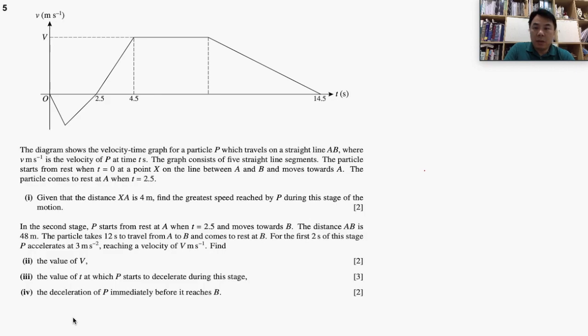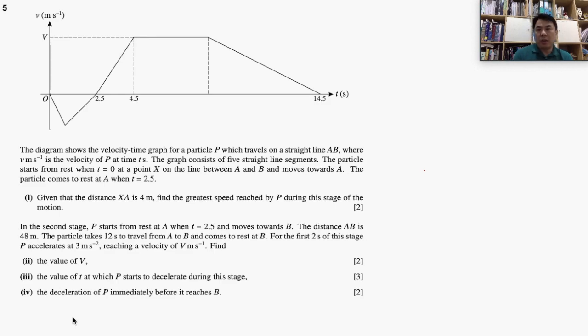The particle starts from rest at t equal to 0 at a point X on the line between A and B, and moves towards A.